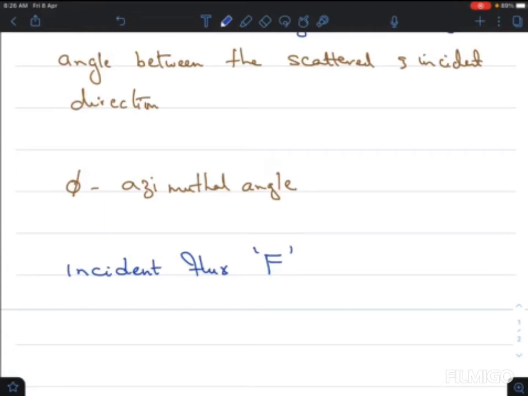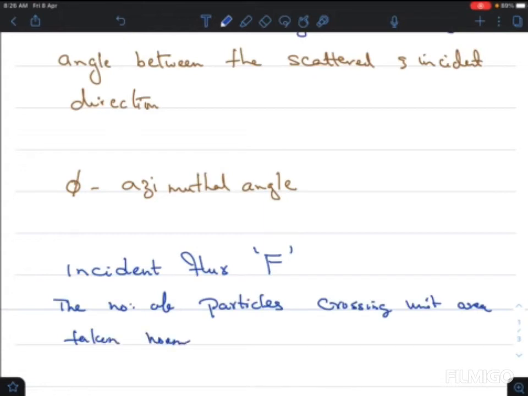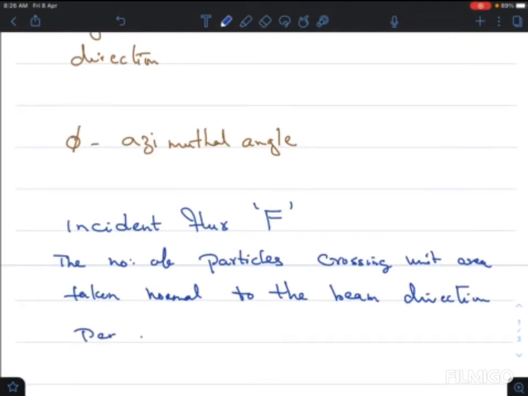So incident flux is nothing but the number of particles crossing unit area taken normal to the beam direction per unit time.